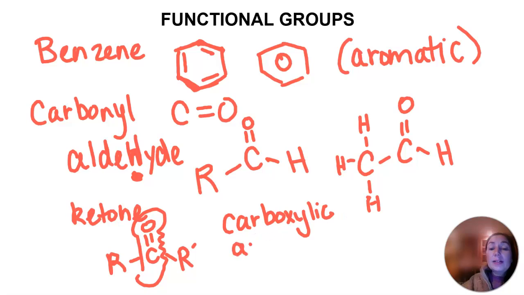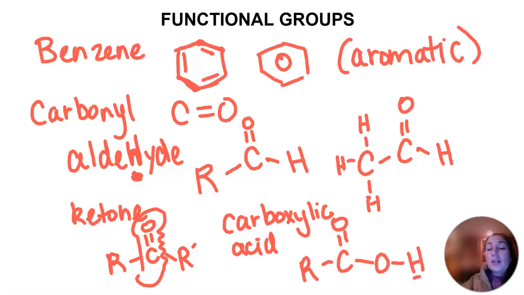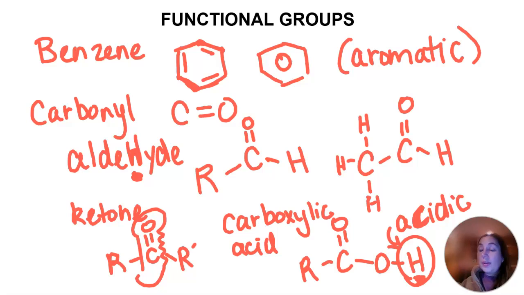In a carboxylic acid, you'll have a C double bonded to O connected to an R group, and then on the other side, an O and an H, and it's that OH hydrogen that is actually that acidic hydrogen. So that hydrogen can be lost and can actually be acidic.